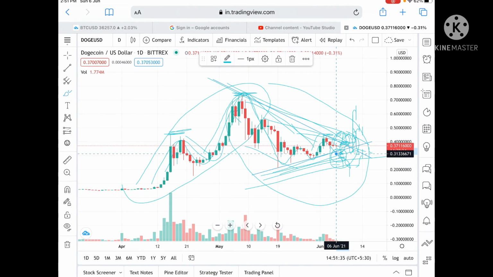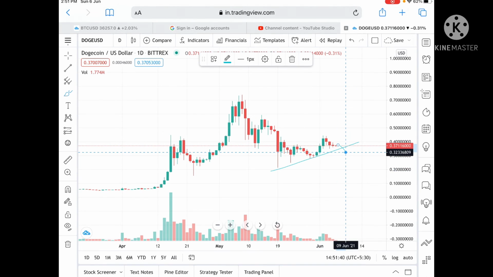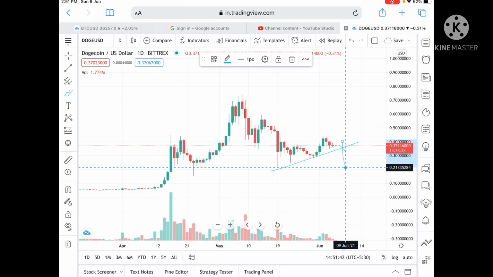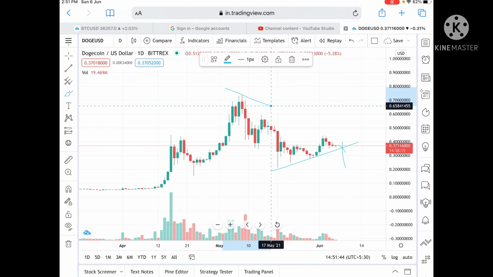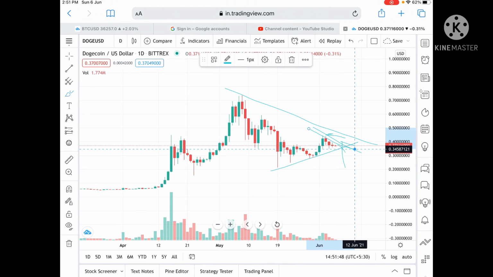Once this trend line breaks downside, Dogecoin can go further down. Or if it goes above this level and above this trend line, then we can see a further rise in the price of Dogecoin.